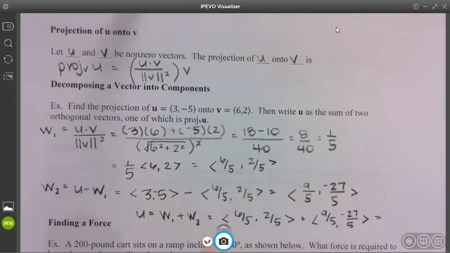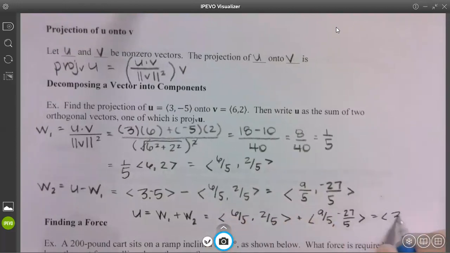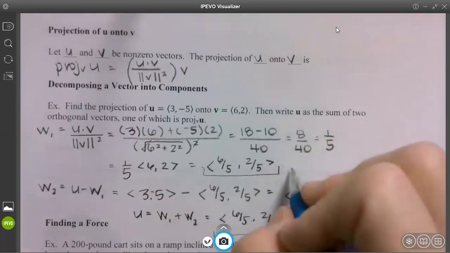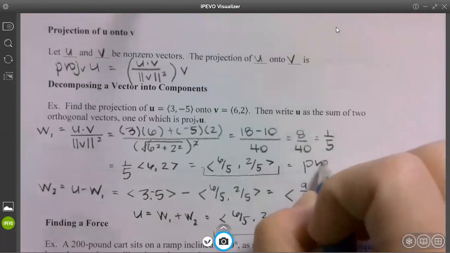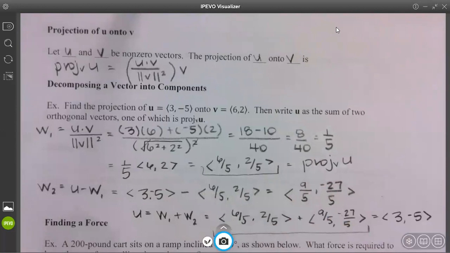And when we add that up, 6 plus 9 is 15 divided by 5 is 3. 2 plus -27 is -25 divided by 5 is -5. So here is the sum of the two orthogonal vectors. Here is your projection. So this one equals the projection of U onto V.